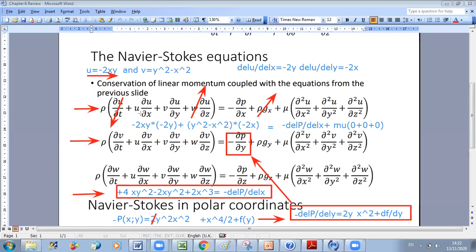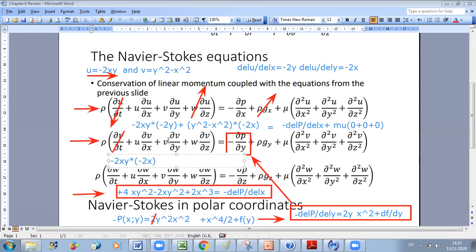So first, we have that v is y squared minus x squared. So first, v is not function of time, so del v by del t will cancel out. You have for u del v by del x, I will replace u by its value, so it's minus 2xy, okay, and times del v by del x. Del v by del x is minus 2x, okay, so times minus 2x.